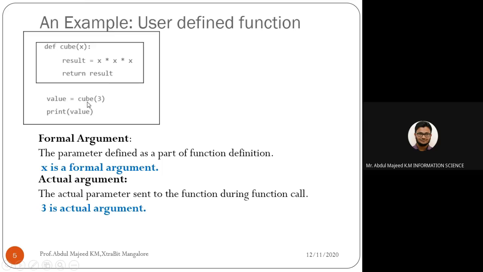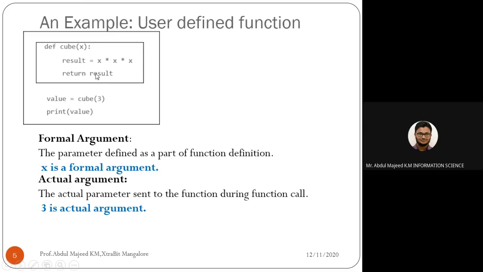Cube of 3 is the function call. We are calling the function by using the function name cube followed by the value. So the argument is 3, and 3 is copied to x. Now the value of x is 3, so result is 3 into 3 into 3: 3 into 3 is 9, 9 into 3 is 27.